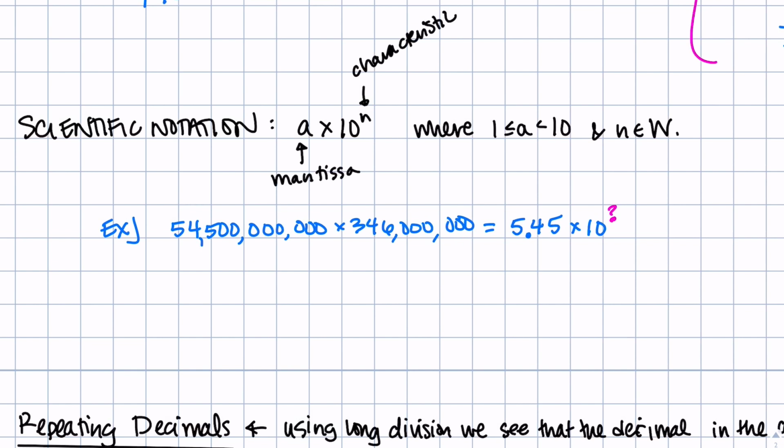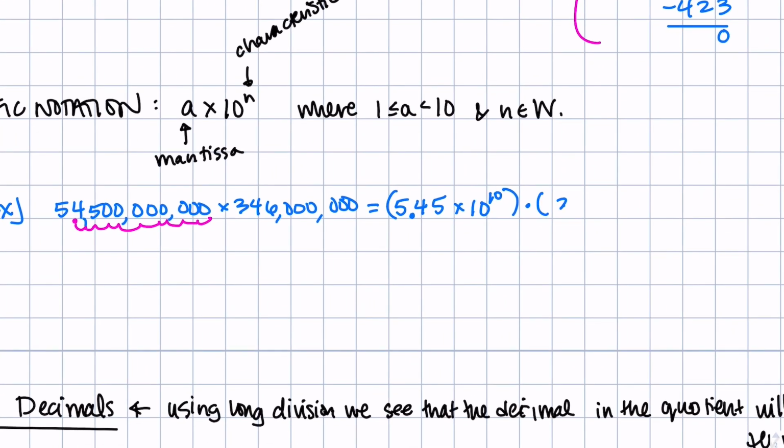So let's see, if I start here, I would multiply by 1, 2, 3, 4, 5, 6, 7, 8, 9, 10. I think I get 10 of them. So I would multiply this by 10 to the 10th. And I would do the same thing with 346 million.